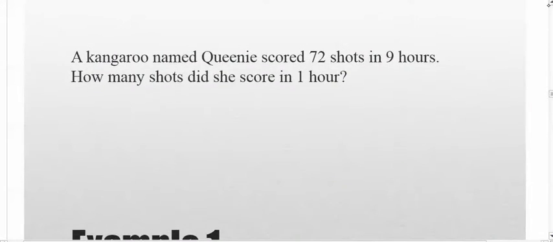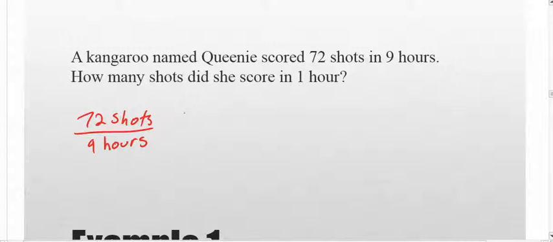So our first example is a kangaroo named Queenie scored 72 shots in 9 hours. How many shots did she score in 1 hour? So in this one, you do 72 shots divided by 9 hours.